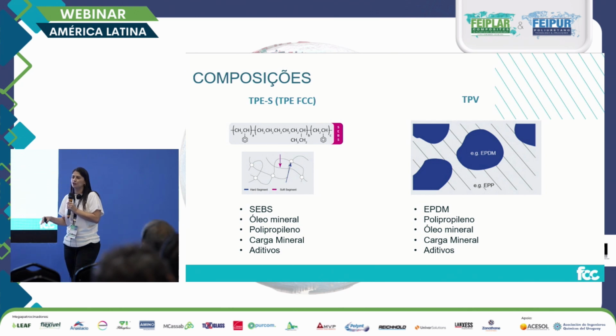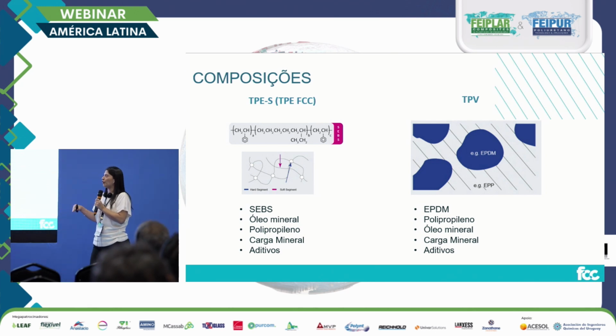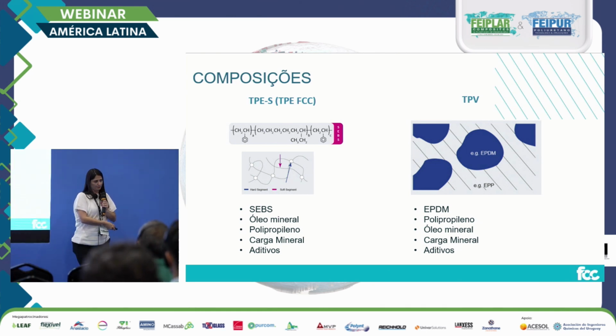So according to market needs, we can develop the material to serve this market. On the other hand, TPV, thermoplastic vulcanizates, has EPDM rubber. So that's the difference between the two. TPS uses SEBS rubbers, and in TPV we have EPDM rubber.